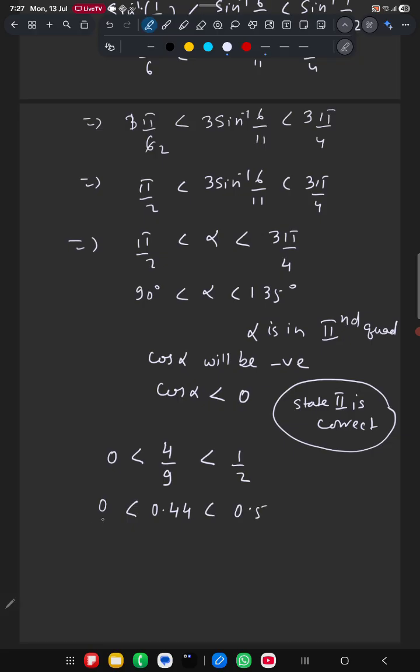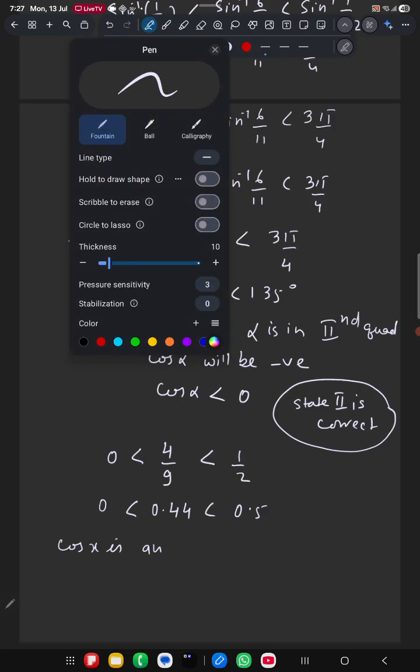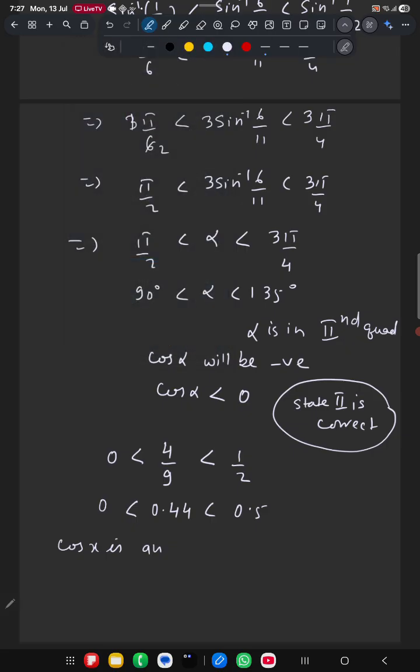And you know that cos x is a decreasing function, meaning as the angle increases its value decreases. Cos 0 is 1, cos 90 is 0. So cos x is a decreasing function.